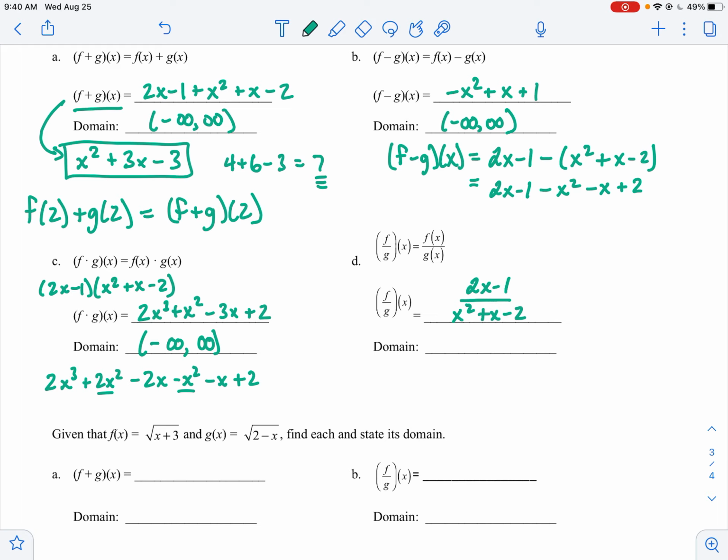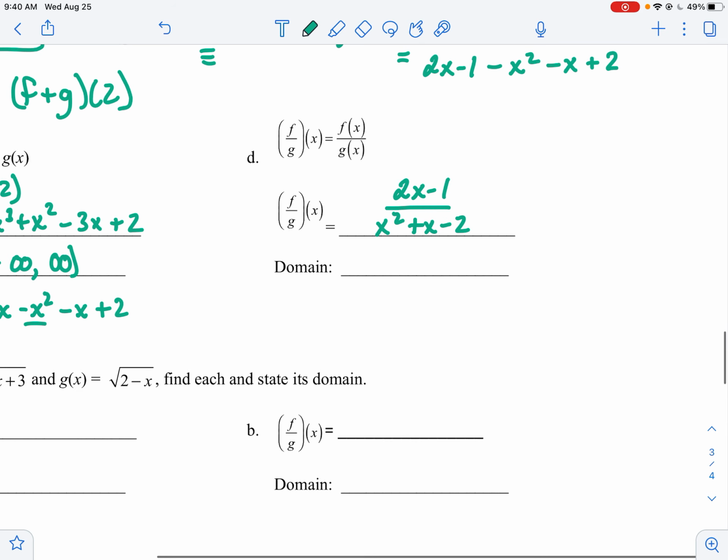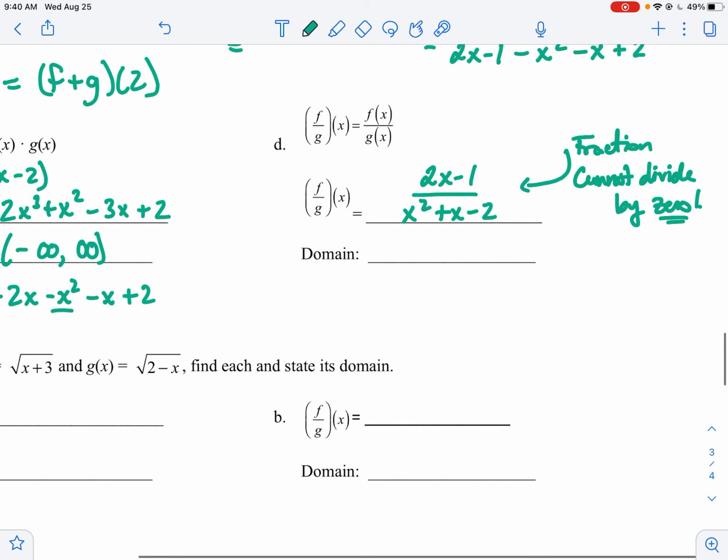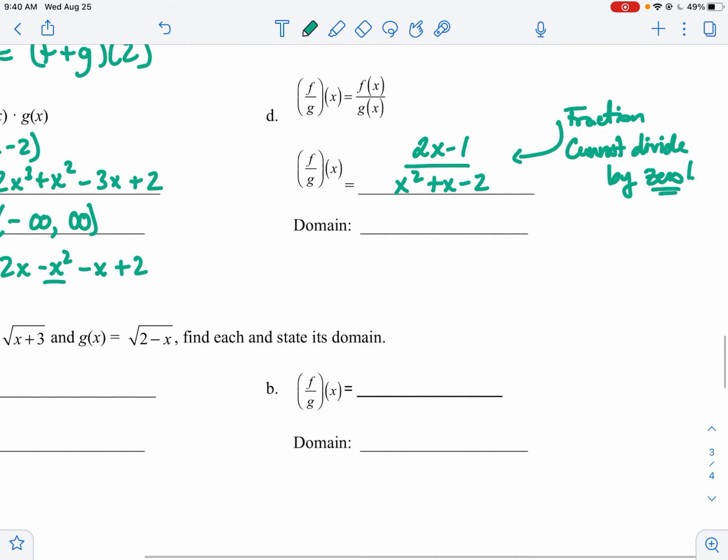But the one thing with domain that we have to be careful of with division is that we may actually have some issues, because now that we've introduced a fraction, I cannot divide by a zero, right? So since I can't divide by 0, I've got to sit here and say, well, are there any things that would make that bottom 0?